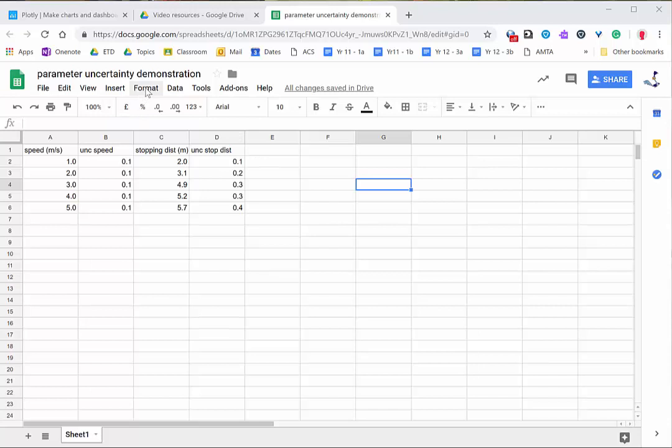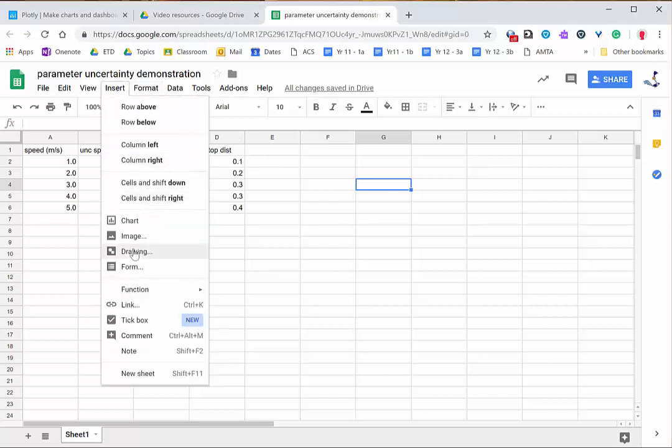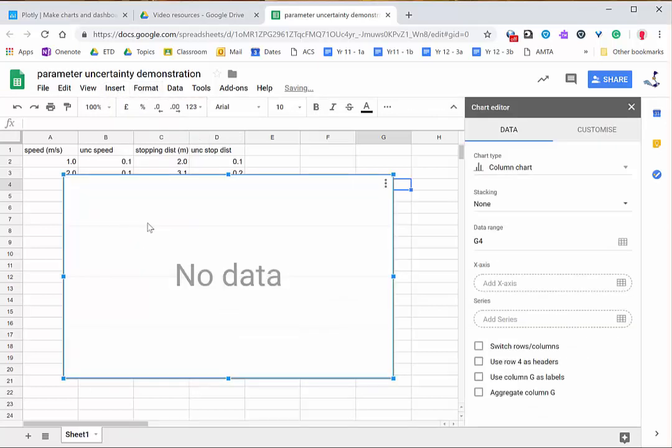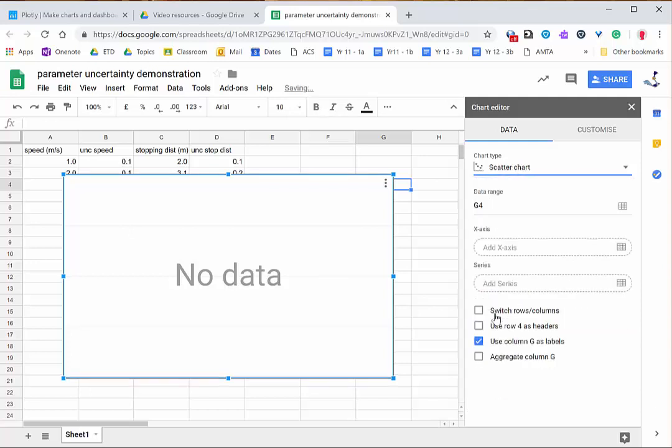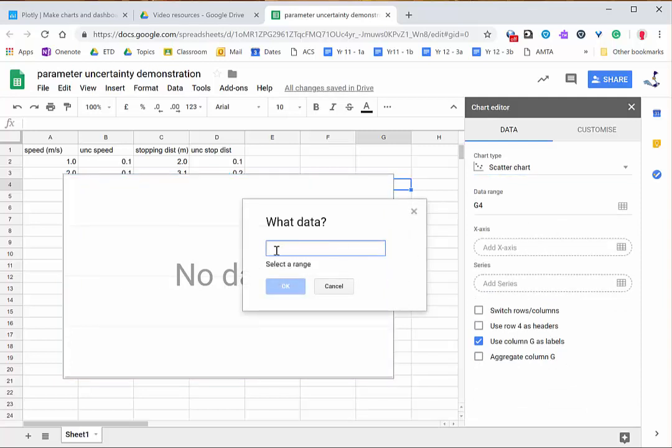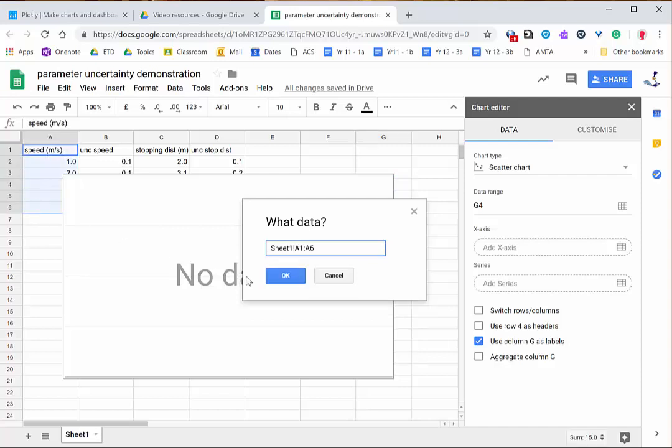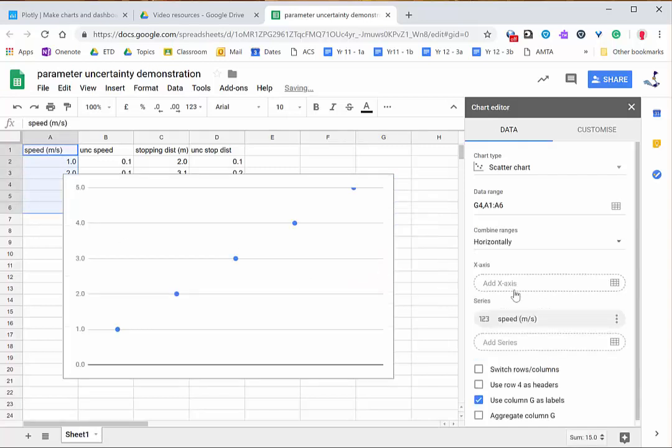First of all, I'm just going to pop in a graph here. Sometimes Google Sheets can be a little frustrating to deal with. I'm going to put in a scatter graph. The default is column. I'm going to add data for the x-axis. I'm going to highlight that speed data there and click OK.